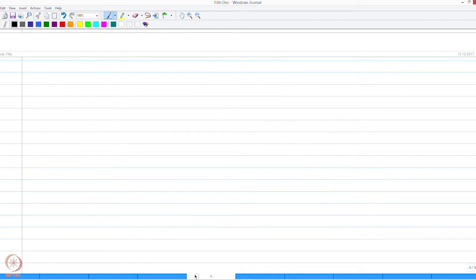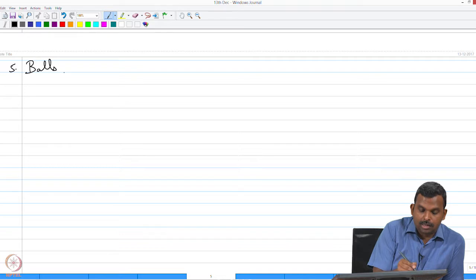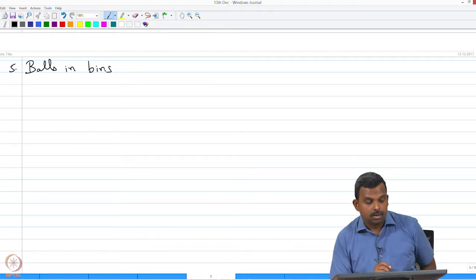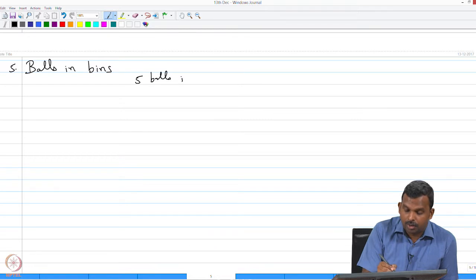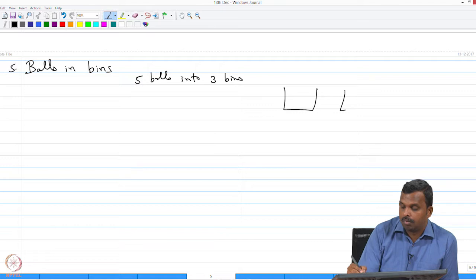So, I am going to look at the last one, which is balls in bins. Okay. So, this I will take a fairly simple example here. So, let us say we throw 5 balls into 3 bins. Okay, 1, 2, 3.